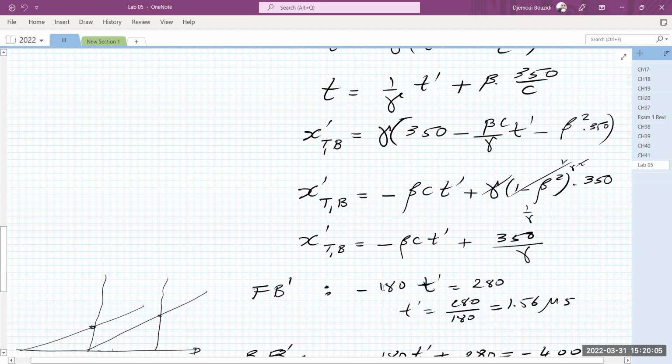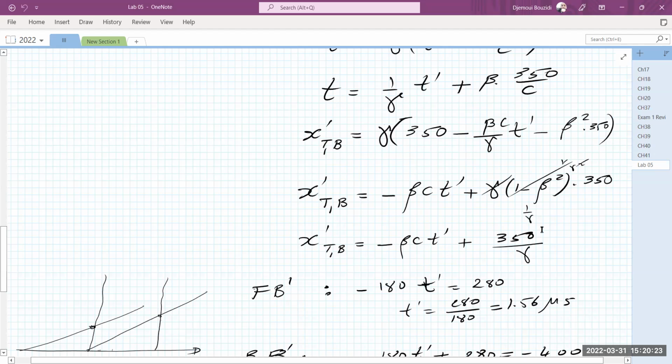Okay, so again, we solve for that equation. We solve when the back of the station crosses the front of the ship.